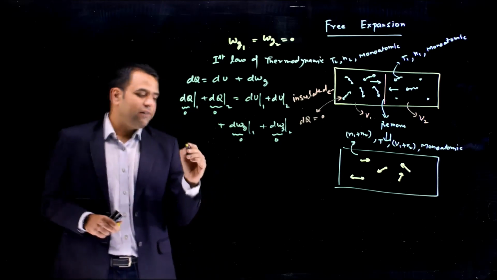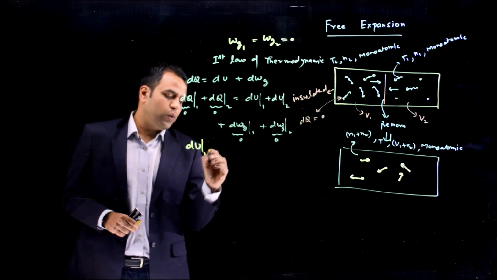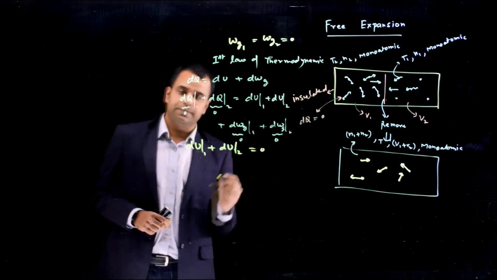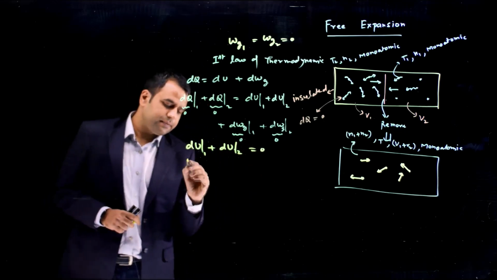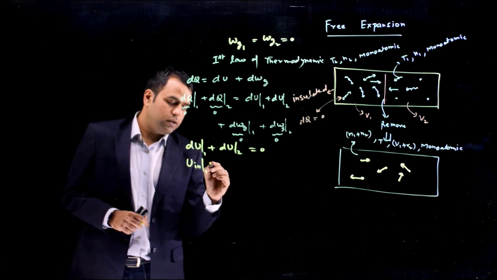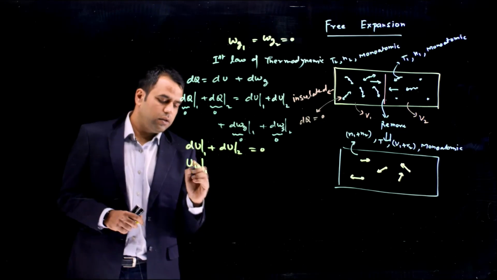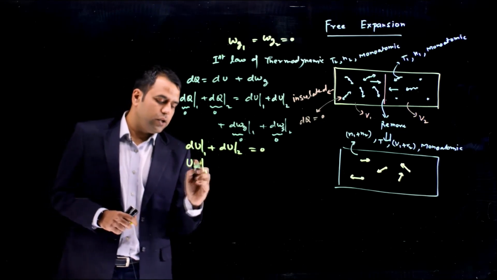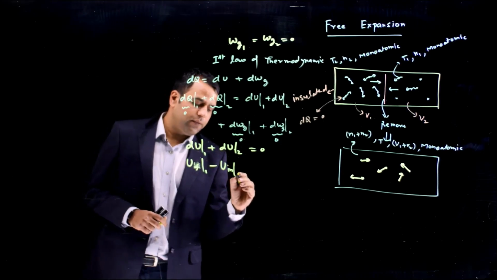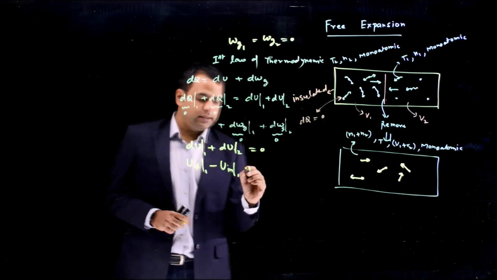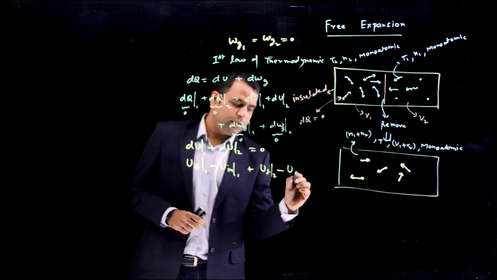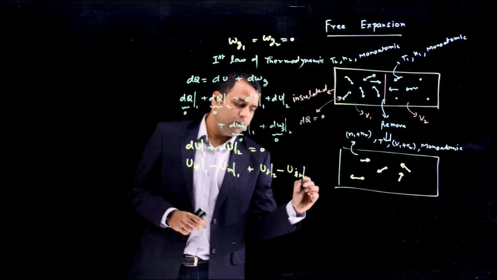So because of that, we get dU1 plus dU2 is 0. Or we can say U final for 1 minus U initial for 1 plus U final for 2 minus U initial for 2 is 0.